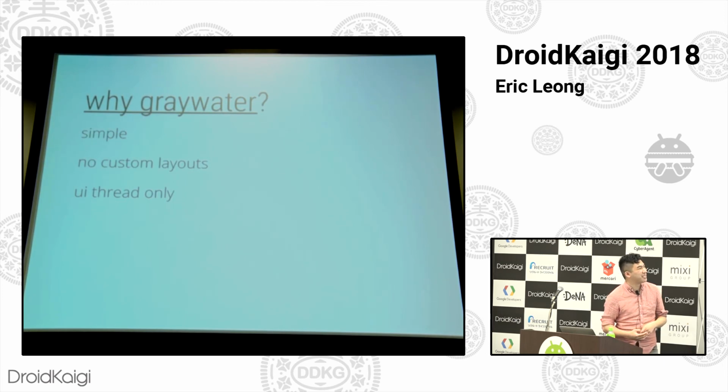I put no custom layouts as a reason for Graywater. I'm comparing a lot with Litho, because Litho covers a lot of similar ground, and it was based off the same sort of ideas as Graywater. But Litho has component specs, which are kind of like custom views.